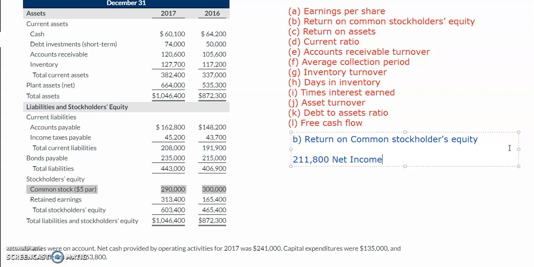And we know in this problem there's no preferred dividends. And the top part is going to look similar to the earnings per share. But what's different is that now I'm going to divide that by our average stockholders' equity.